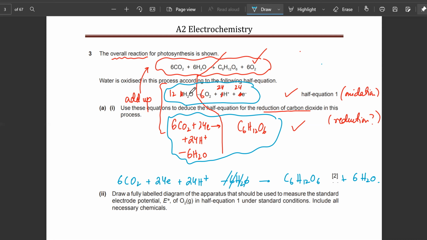But on the left side, I have 12 water molecules. That means I need to get rid of 6 water molecules. In the second equation that I created, I added minus 6 H2Os, so that when you add them up, you get 6 water molecules. And when I rewrote this equation, minus 6 H2Os can be taken to the other side. It would become plus 6 H2Os, and that's going to be my reduction equation. So is this all clear?